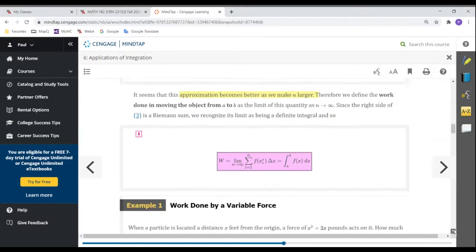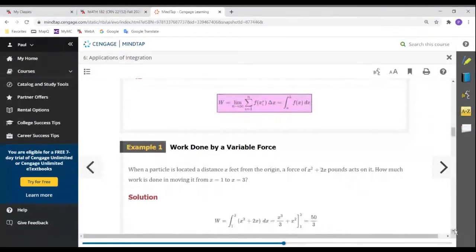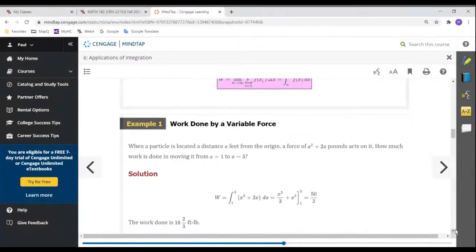Okay, well, let's look at a few examples here. Example 1, work done by a variable force. When a particle is located a distance x feet from the origin, with a force of x squared plus 2x pounds acting on it, how much work is done in moving it from x equals 1 to x equals 3?